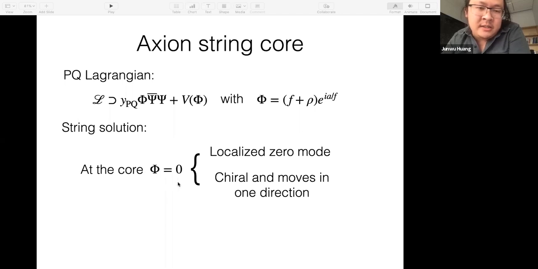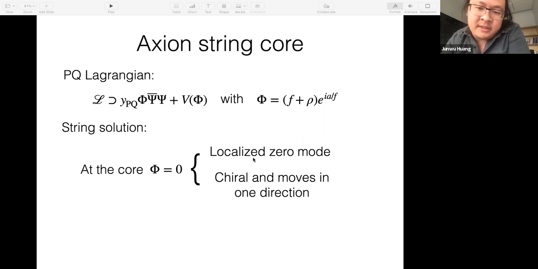You can see from this Lagrangian that when I have capital Phi equal to 0, these fermions, which are coupled to this scalar Phi, will get zero mass, and these fermions will only be massless on the string.